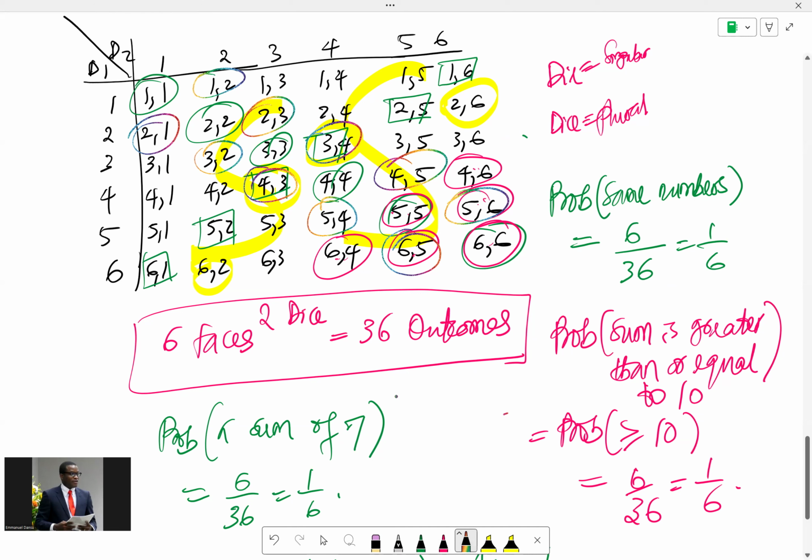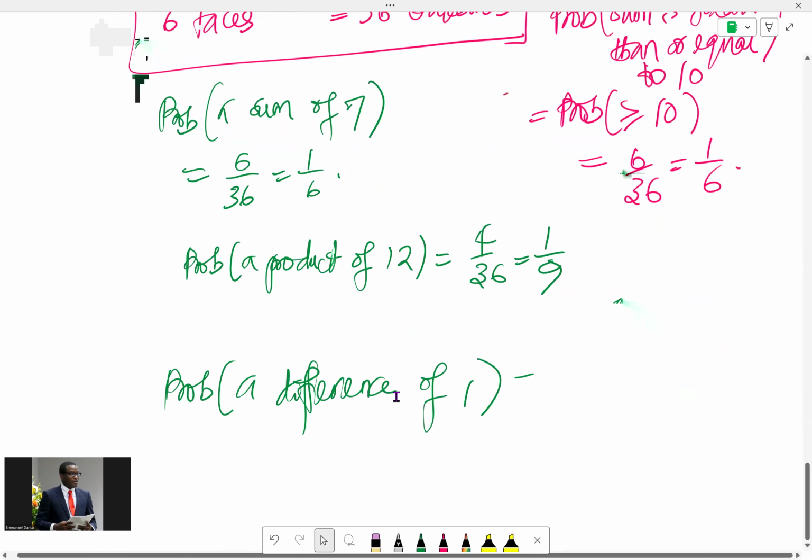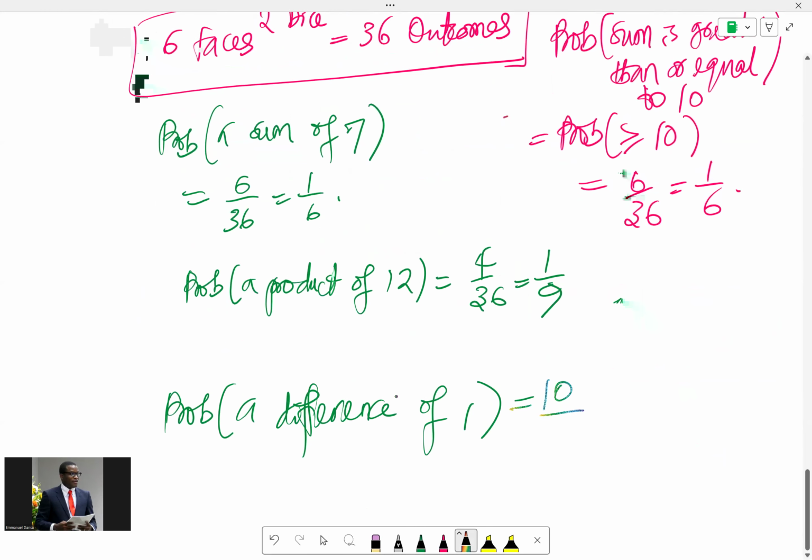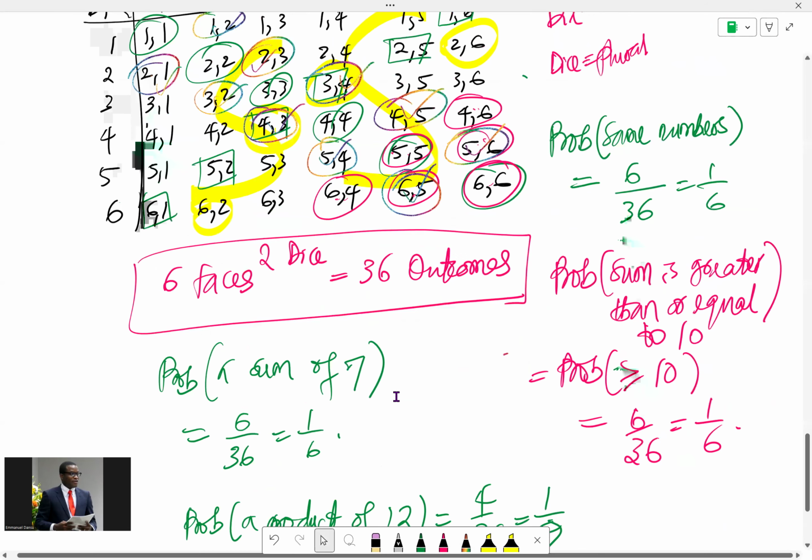That's 1, 2, 3, 4, 5, 6, 7, 8, 9 and 10. So the probability that you get a difference of 1 is 10 out of 36, that is 5 over 18.